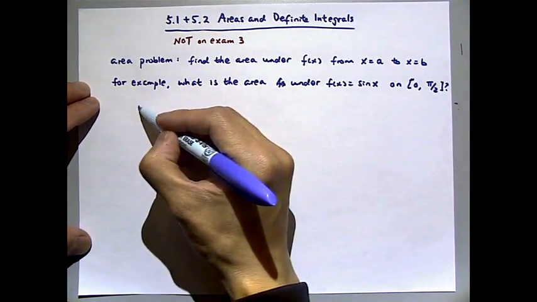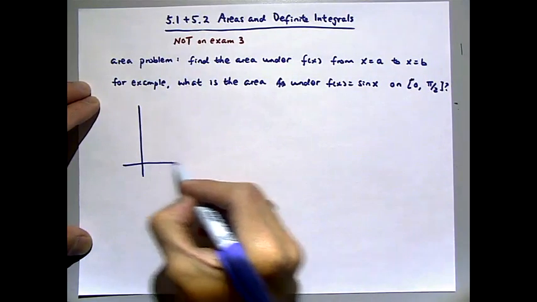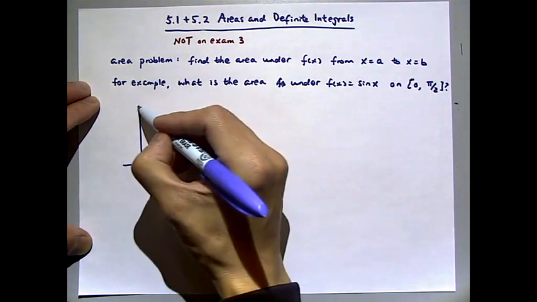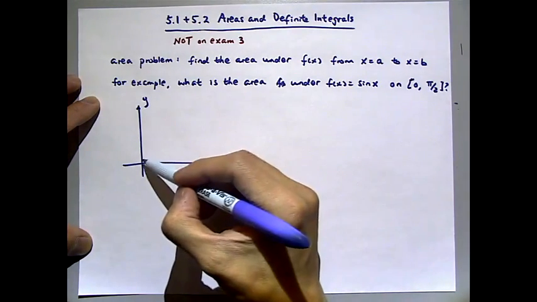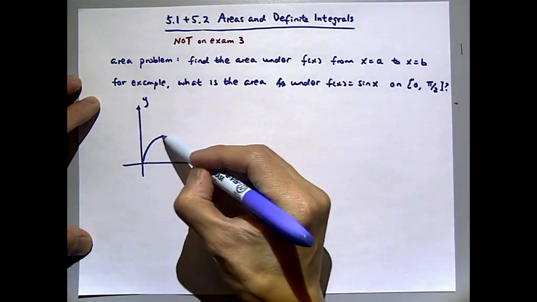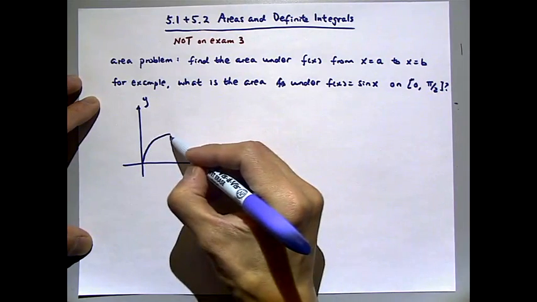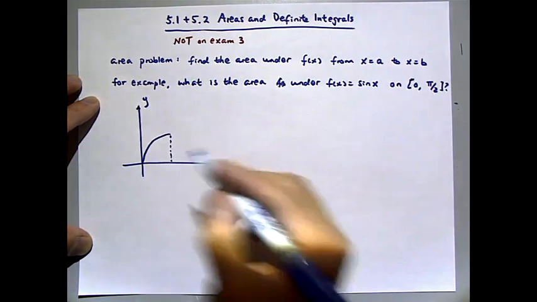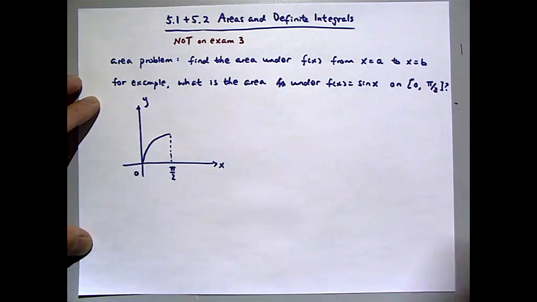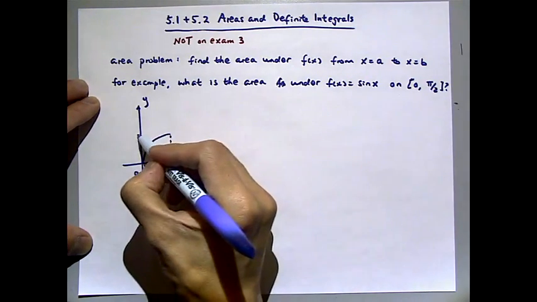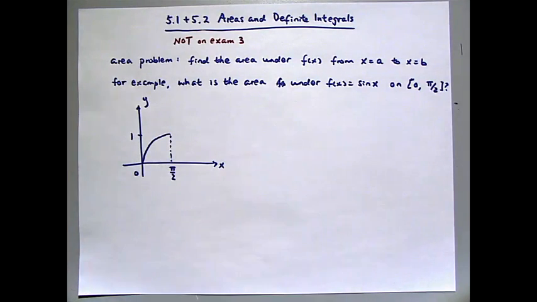So graphically, here's what we're looking at. Imagine the graph of sine. It continues on, but we want to chop it off at pi over 2. This is 0. At pi over 2, sine reaches 1.